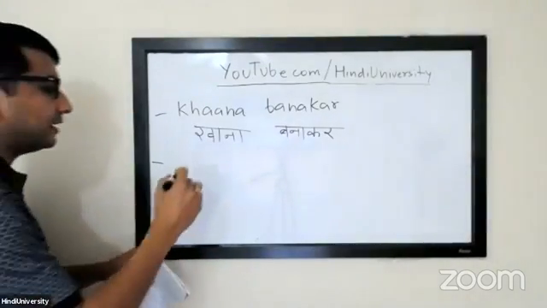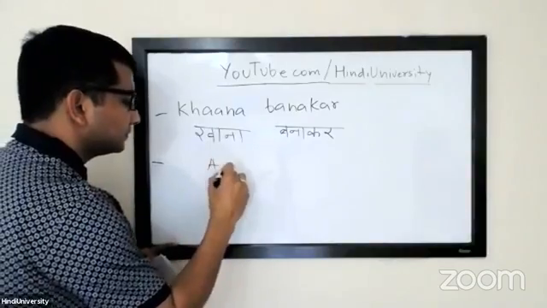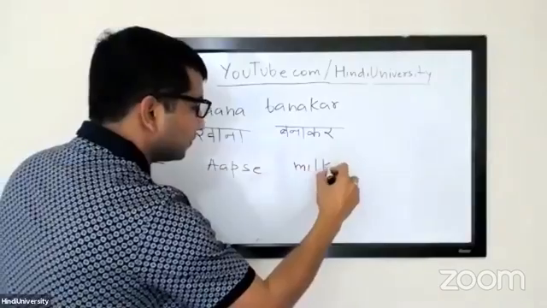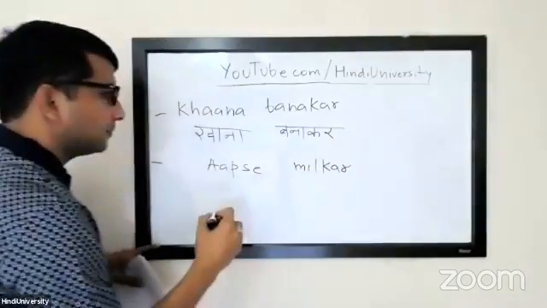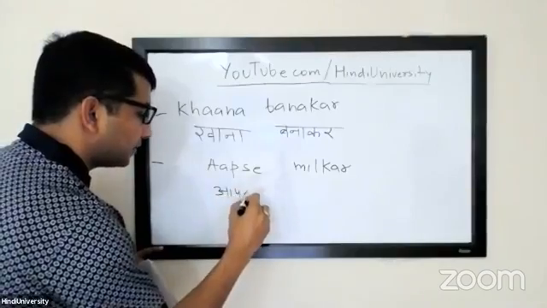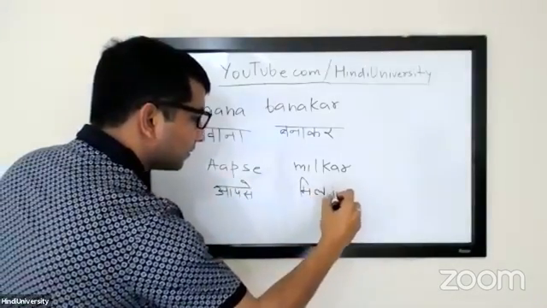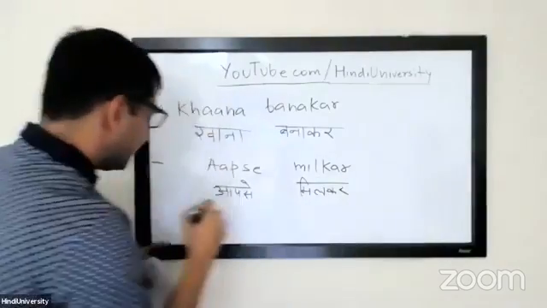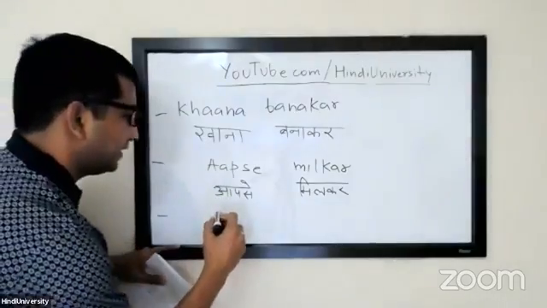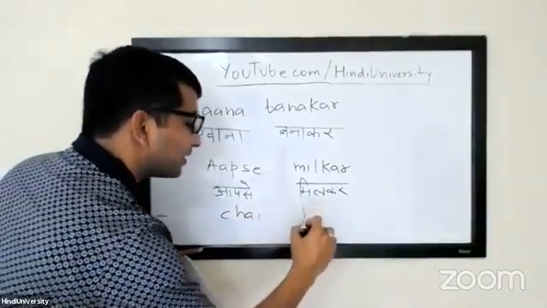Then the second one, let me use it with a pronoun. And the third one is the one that Tatiana ji said. I'm going to just steal it from her.